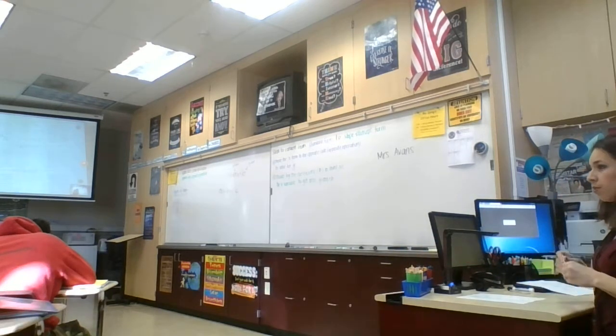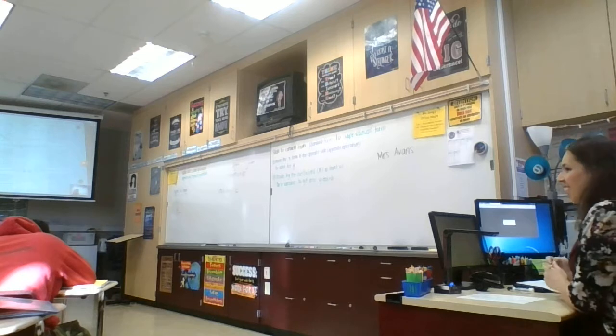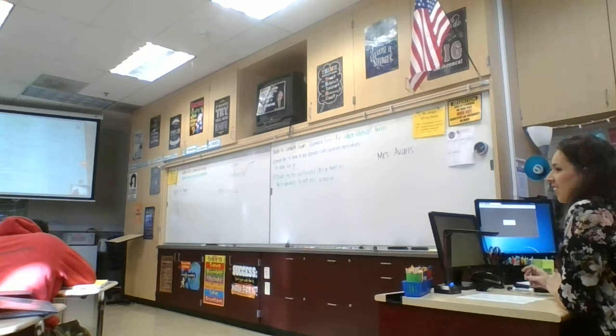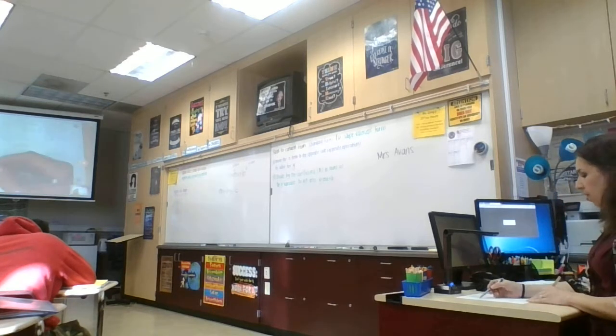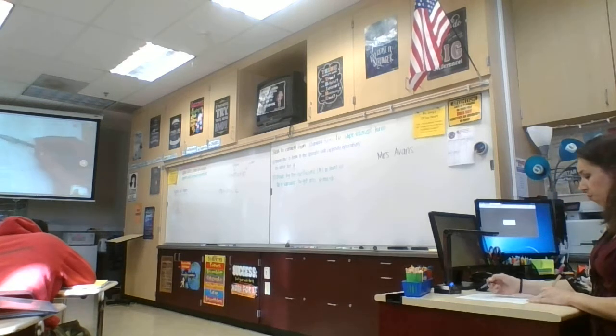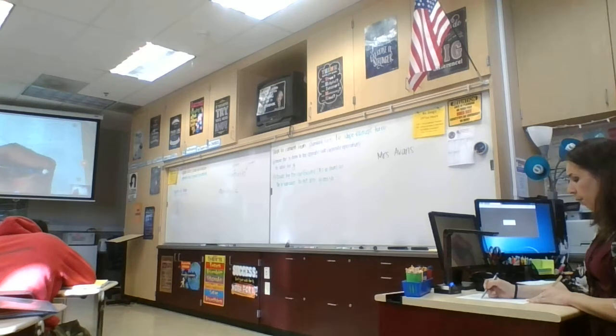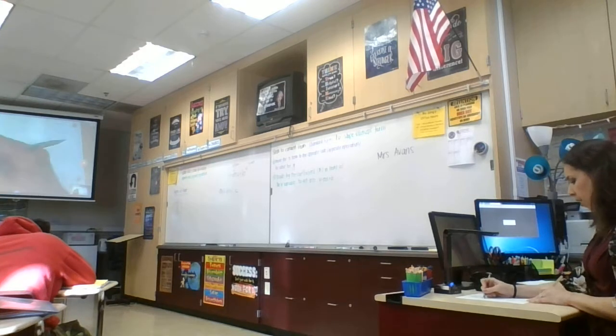Nicholas, can I graph it yet? No. Okay, what do I need to do in order to graph it? Divide by 3, right, because the y is being multiplied by 3, and in order to cancel out that coefficient, I need to divide everything by 3.